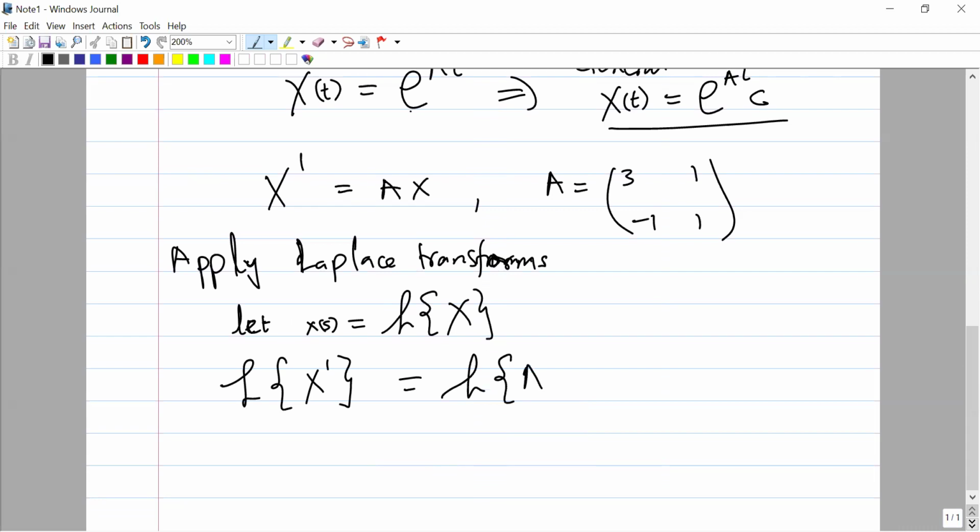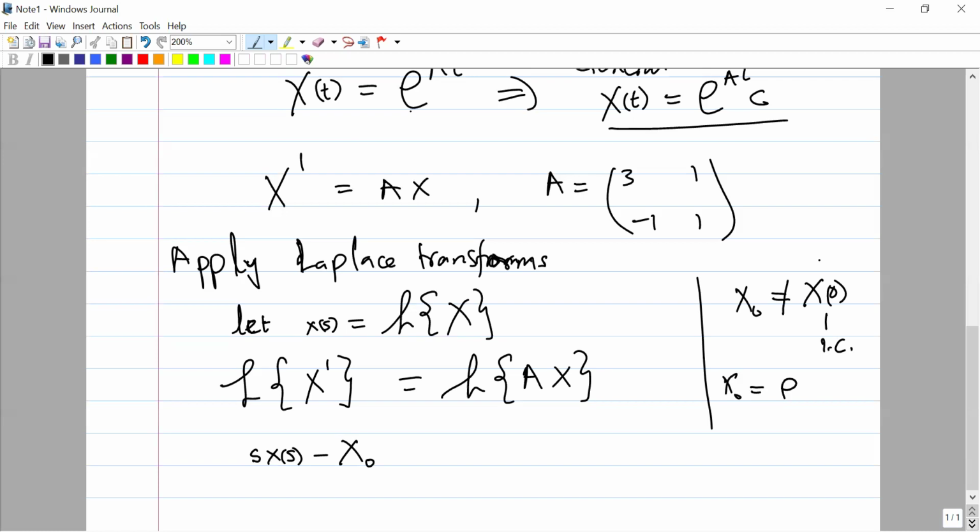This is equal to the Laplace transform of AX. So here we'll get s times the small x minus x naught. Take note, this x naught is not equal to x of 0, which is the initial condition. This x naught is equal to e to the power A times 0, which is just I. So I needed to differentiate that, lest you get confused with the two.